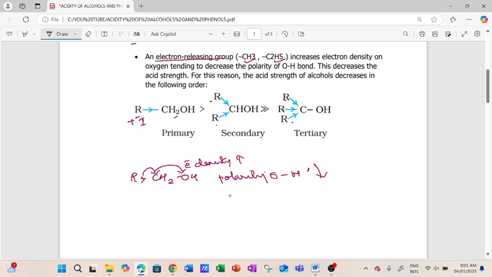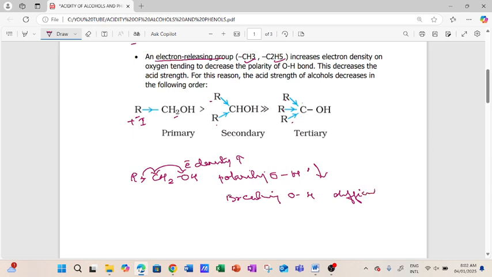The bond becomes less polar. Which bond? The OH bond becomes less polar. If the bond is less polar, it means the bond doesn't break easily. Breaking the OH bond is difficult.